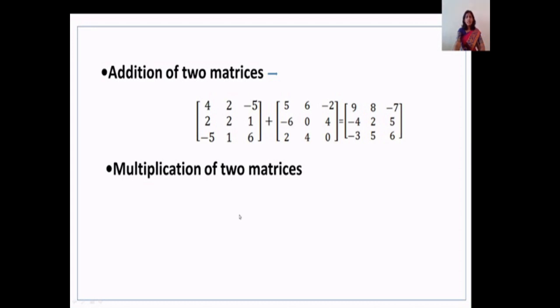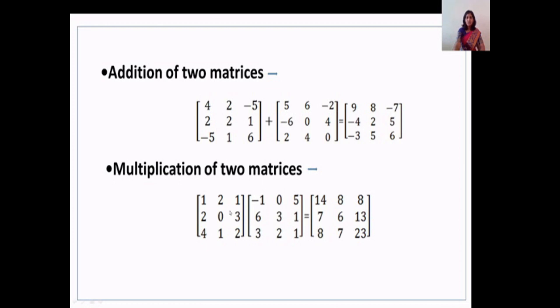Multiplication exists if the number of columns, listen carefully, the number of columns in the first matrix and the number of rows in the second matrix are the same. If the number of columns in the first matrix and the number of rows in the second matrix are the same, then it is conformable for multiplication.